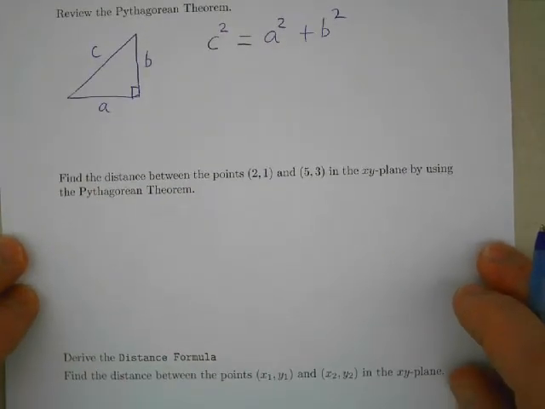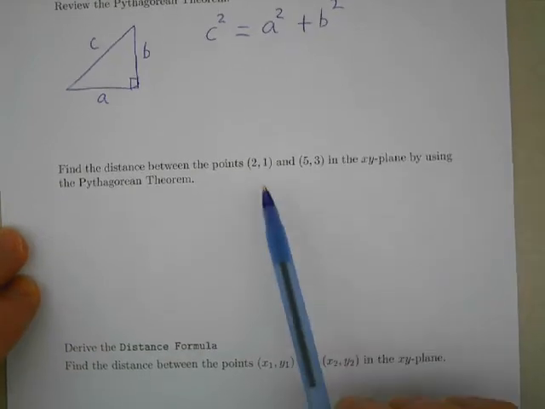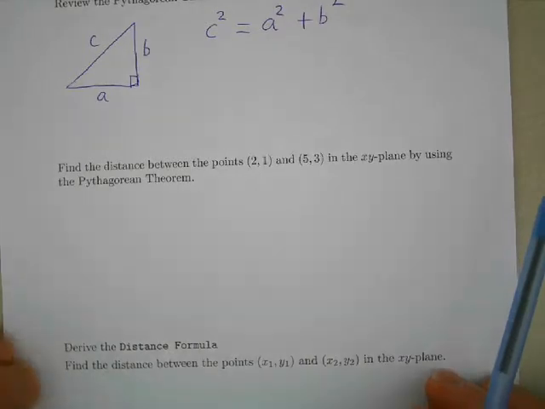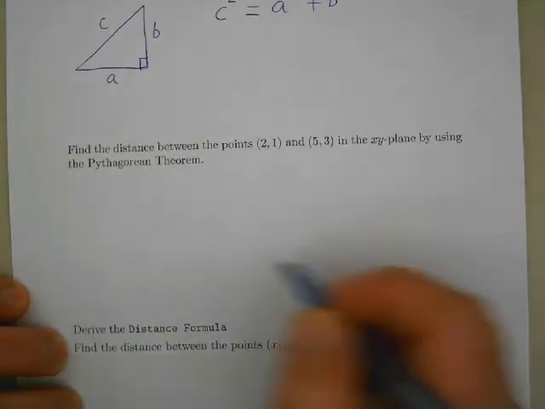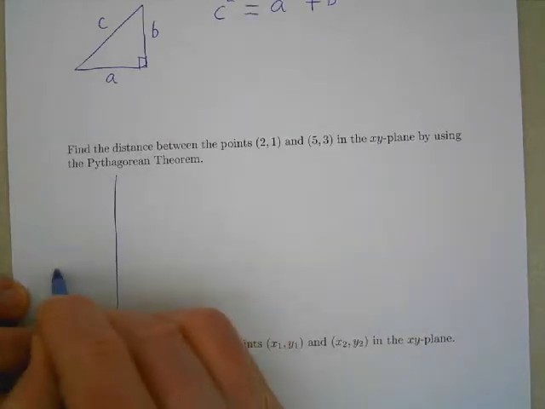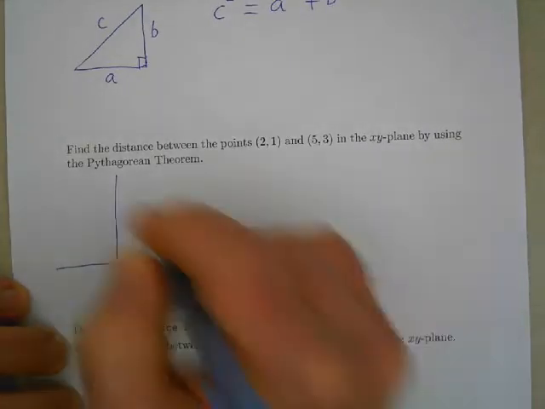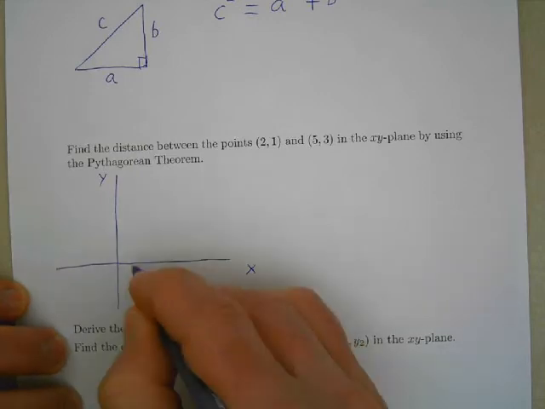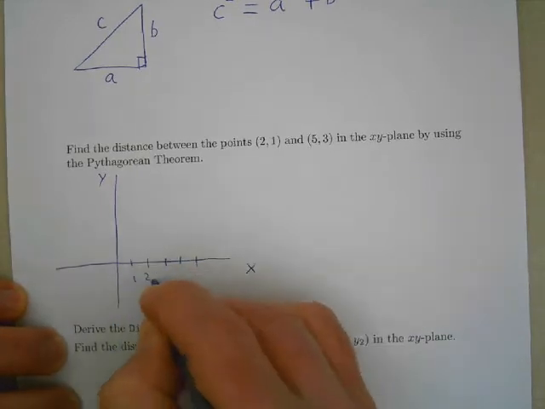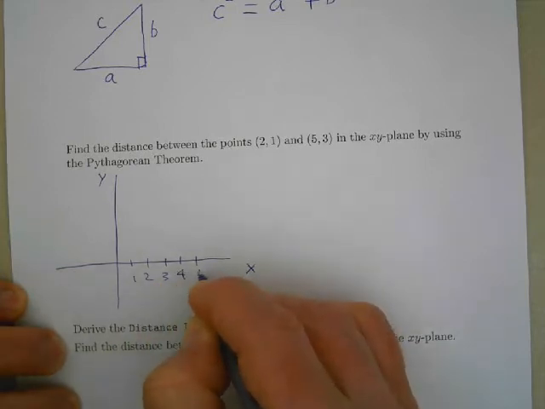Okay, so we're going to use the Pythagorean theorem to find the distance between 2 points in the xy plane. So I'll draw a picture of the xy plane, and we'll plot the points (2, 1) and (5, 3).